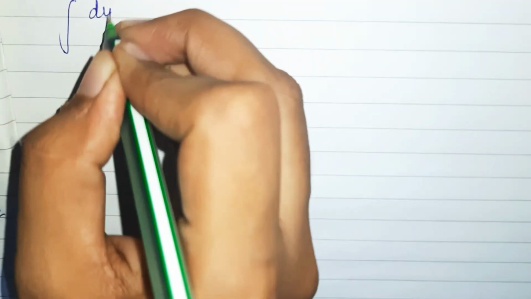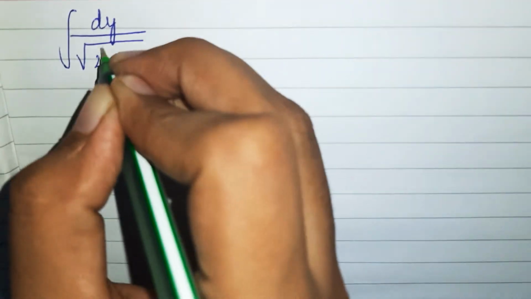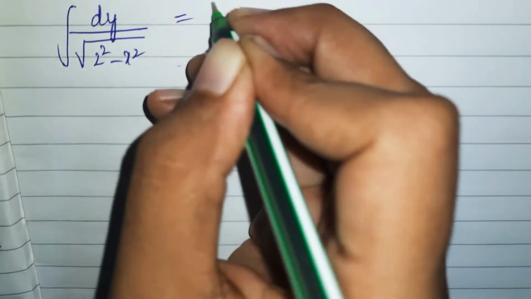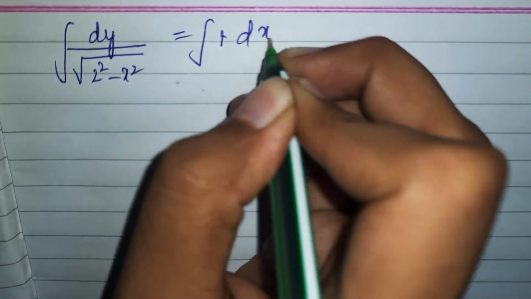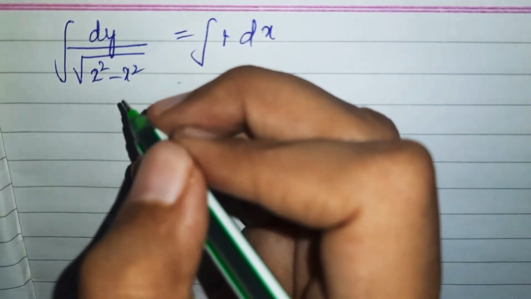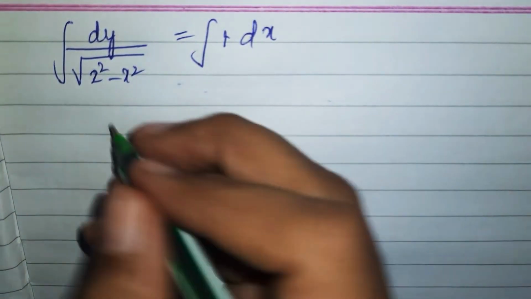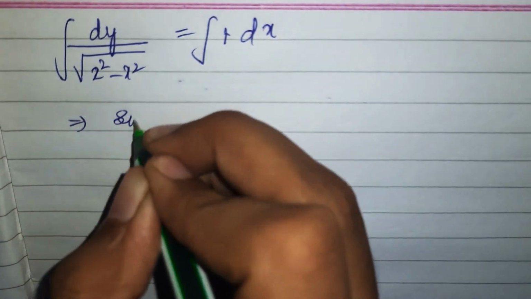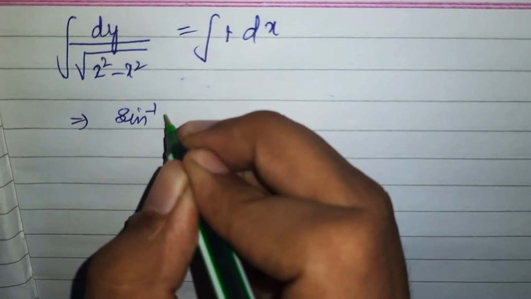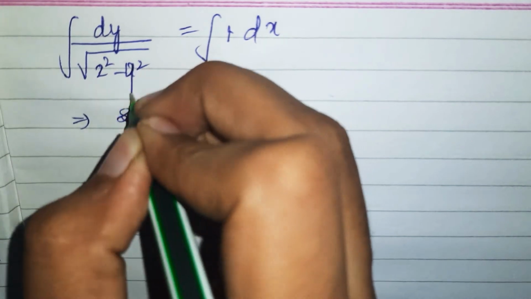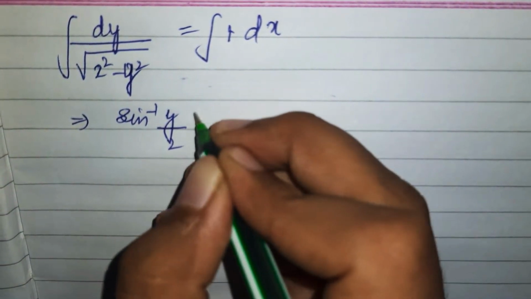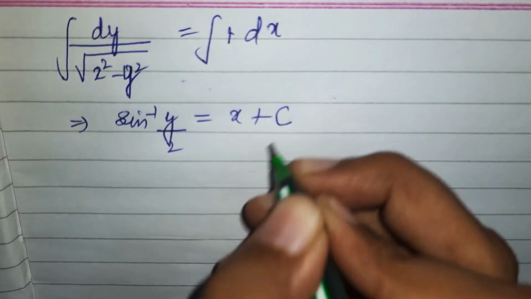This becomes dy upon under root of 2 square minus y square equals the integral of 1 dx. Now, 1 upon under root a square minus x square integrates to sine inverse. So it becomes sine inverse of y by 2 equals x plus c.